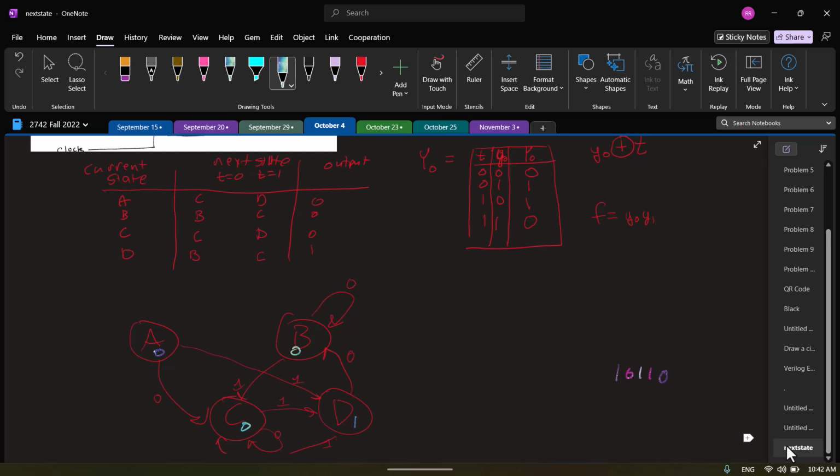So I'm starting from 0, 0, which is state A. So from state A, I don't know if I have that output or not. But then I get a 1, that would take me to state D. State D has an output of 1. Then I have a 0 that takes me to B, which has an output of 0. Then I have a 1 that takes me to C, that has an output of 0. Then I get another 1 that takes me to D, that has an output of 1. Then I get a 0 that takes me back to B, gets me a 0.